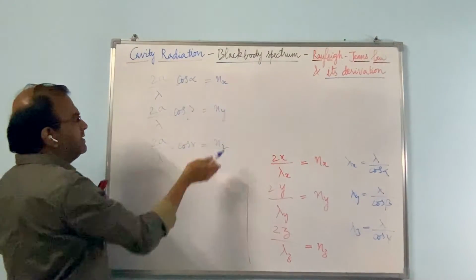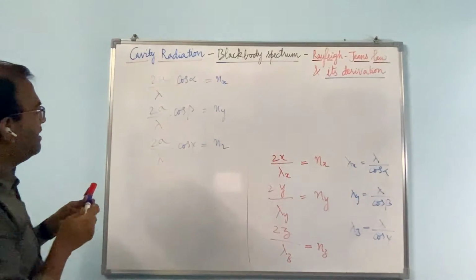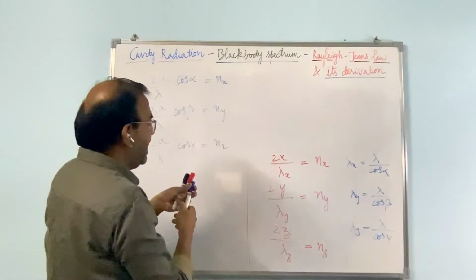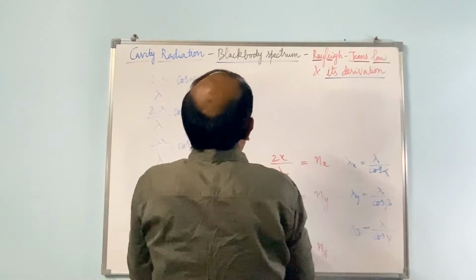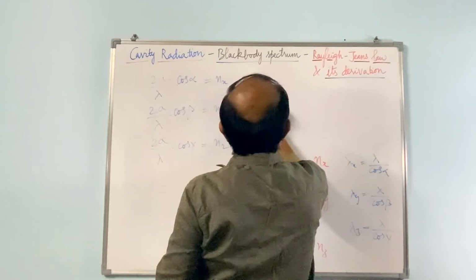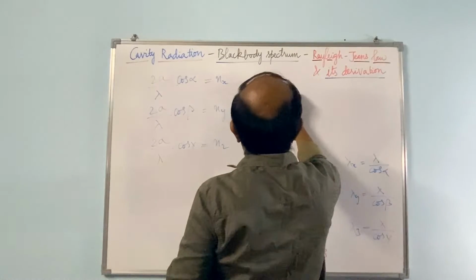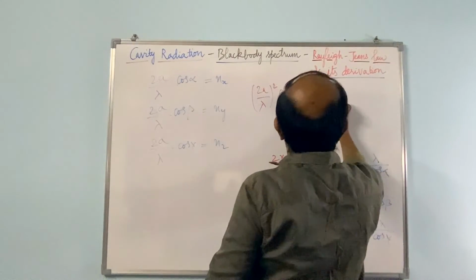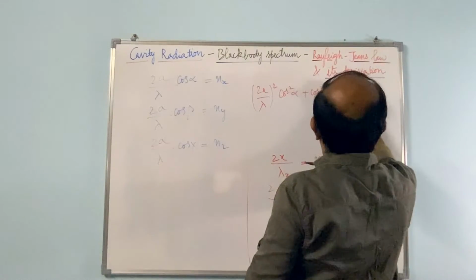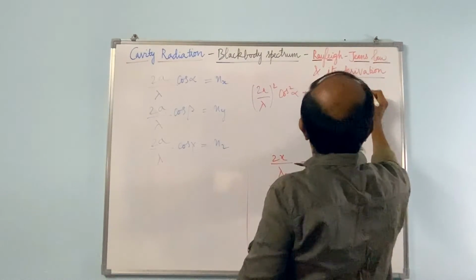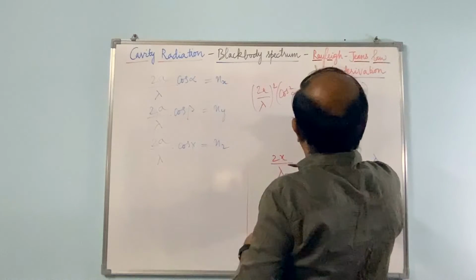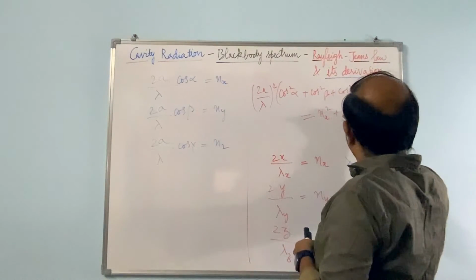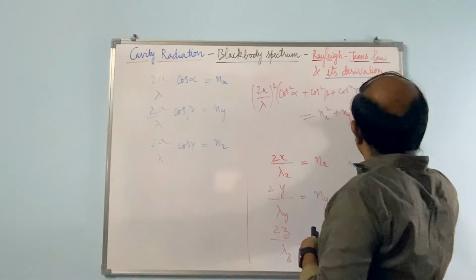Over lambda cos, right? And if we square and add the left hand side and the right hand side, we would end up with an expression where 2a over lambda whole squared, because we have squared it, times cos squared alpha plus cos squared beta plus cos squared gamma is equal to nx squared plus ny squared plus nz squared.